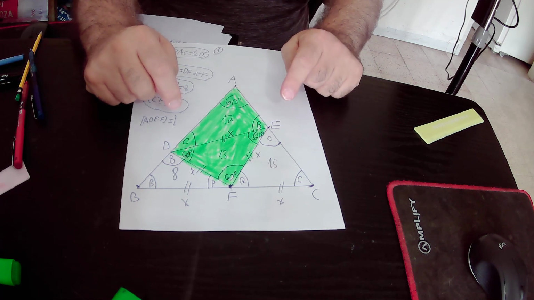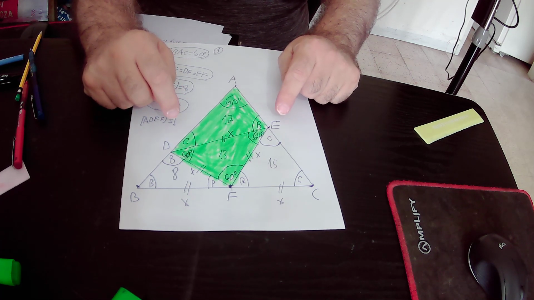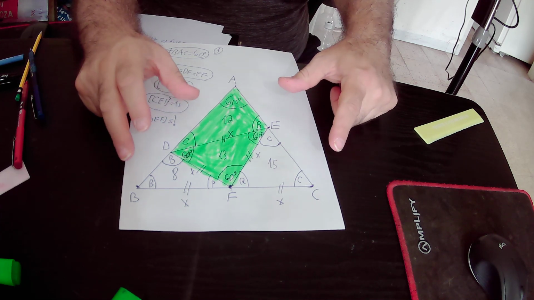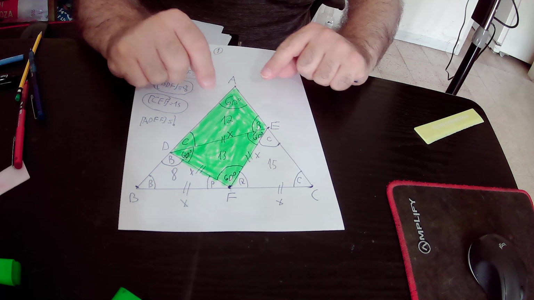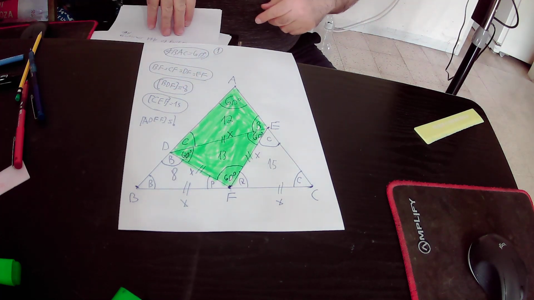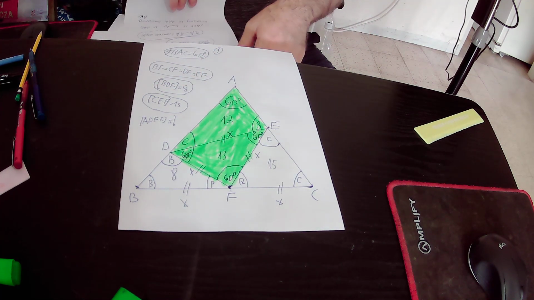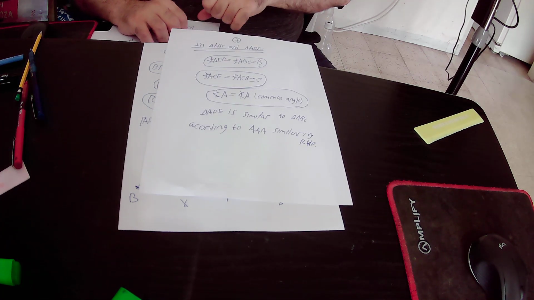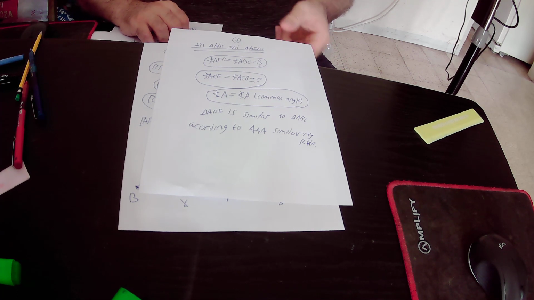It belongs both to the small triangle ADE and to the big triangle ABC. So angle A equals angle A, it is a common angle. So we actually proved that all the angles of the small triangle ADE are congruent to all the angles of the big triangle ABC. Therefore we proved that triangle ADE is similar to triangle ABC according to the angle similarity rule.